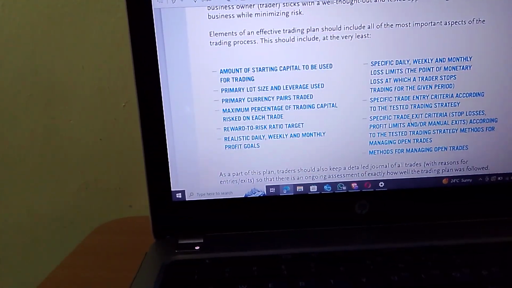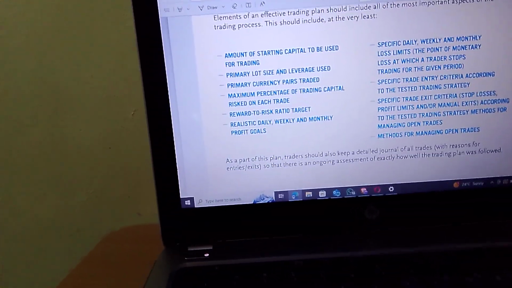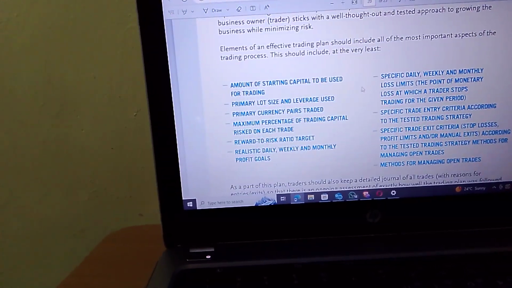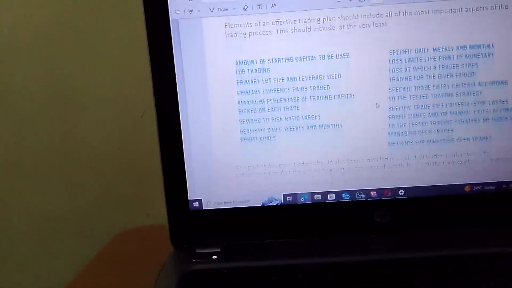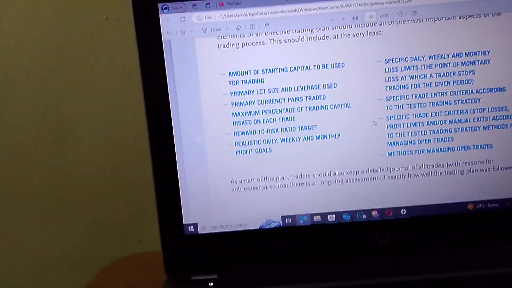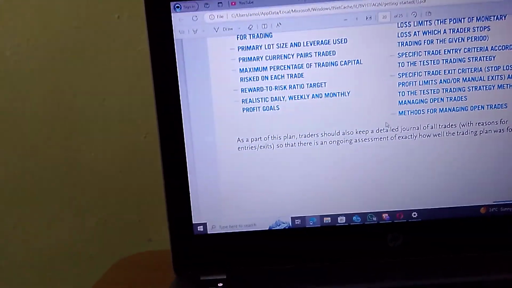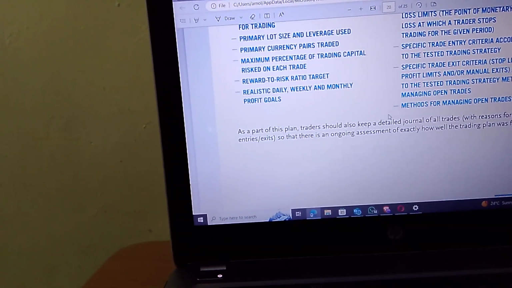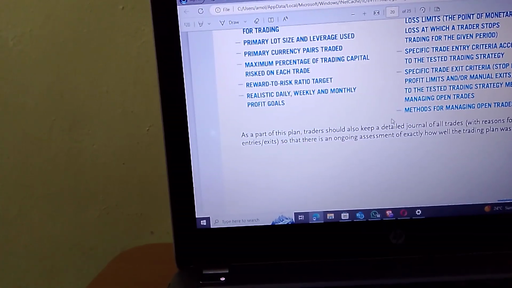This should include, at the very least, amount of starting capital. So elements of a trading plan: amount of starting capital to be used for trading, primary lot size and leverage used, primary currency pairs traded, maximum percentage of trading capital risked on each trade.